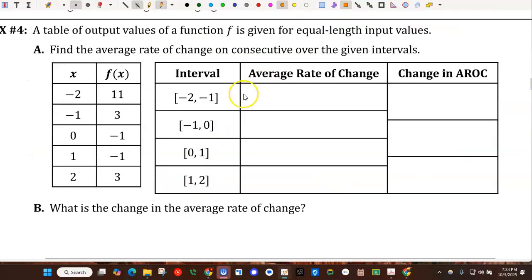Okay, so let's do this once again. Negative 1 minus a negative 2. We'll have negative 1, the y value is 3, minus 11. So here we'll have negative 8 over positive 1, which is just negative 8.